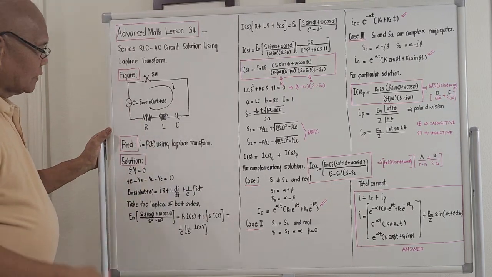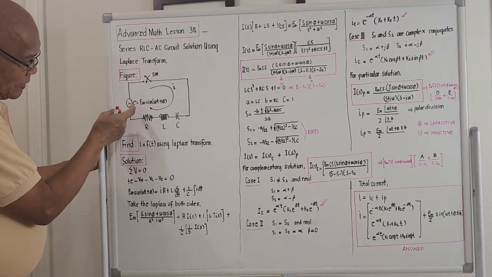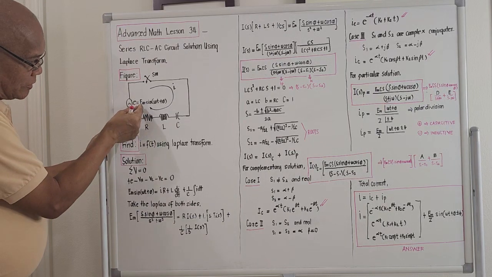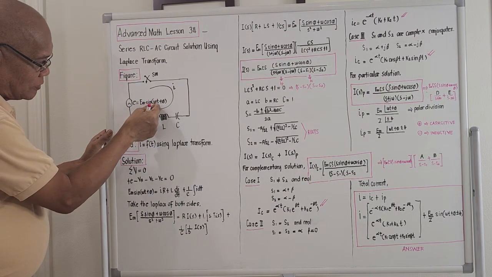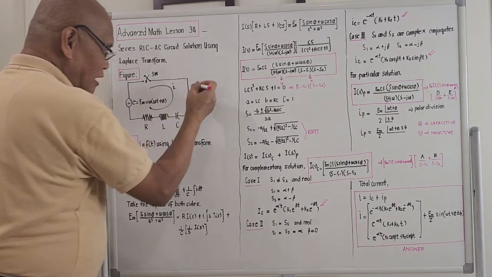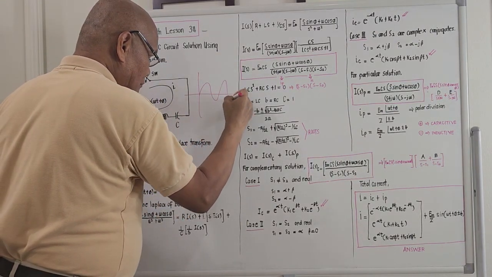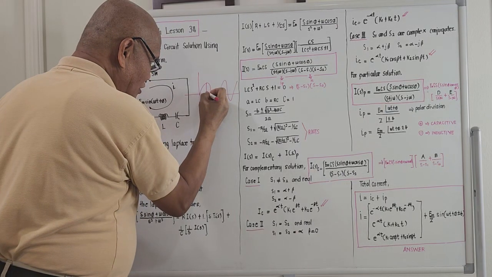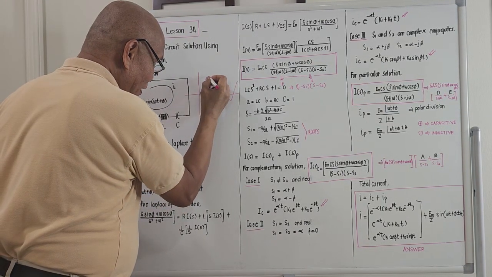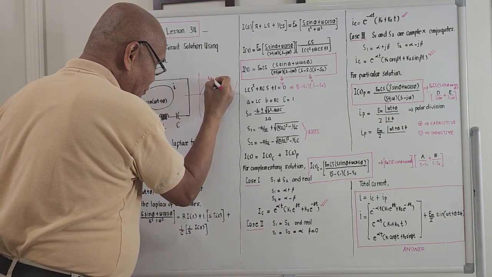Substituting values, the equation of the applied alternating current voltage is E sub m sine of the quantity omega t plus angle p. It is a sinusoidal AC voltage. This value here refers to E sub m, meaning E maximum.